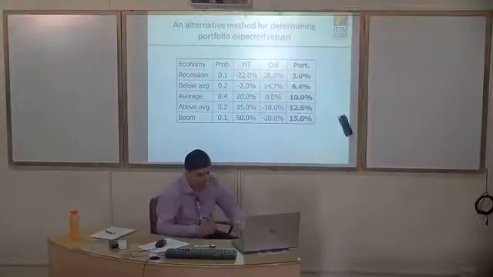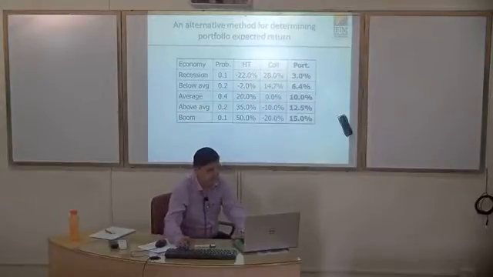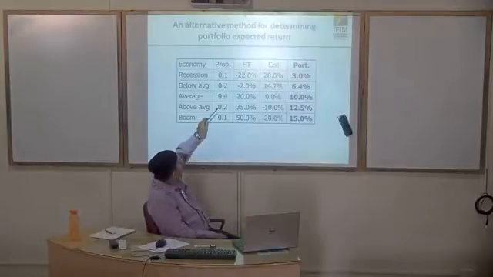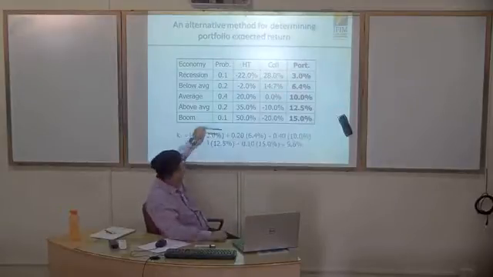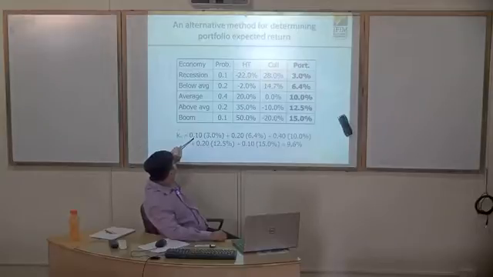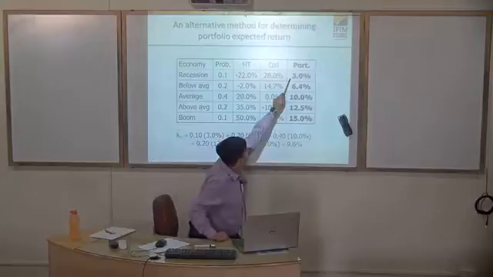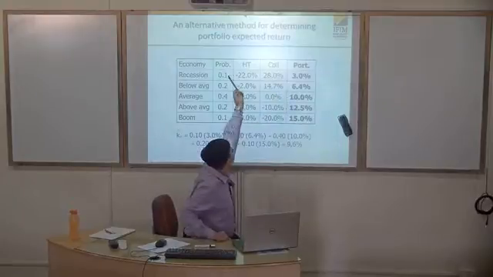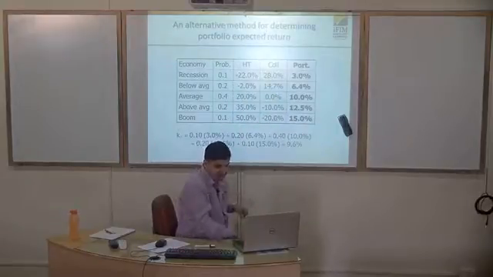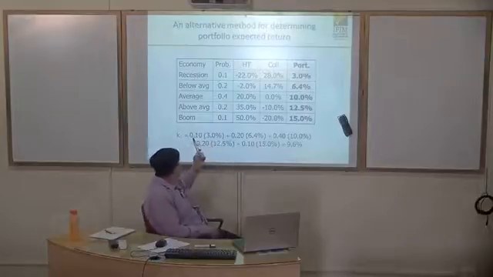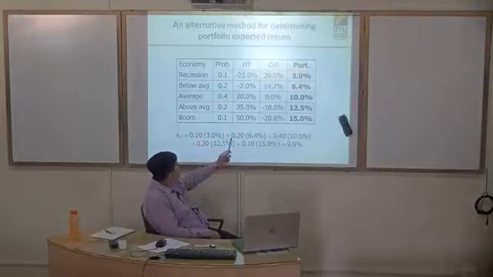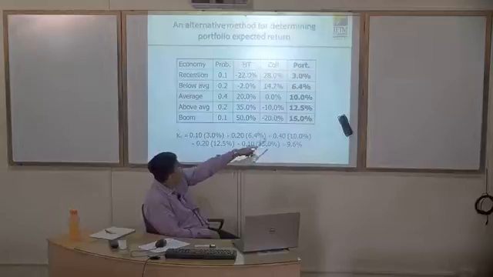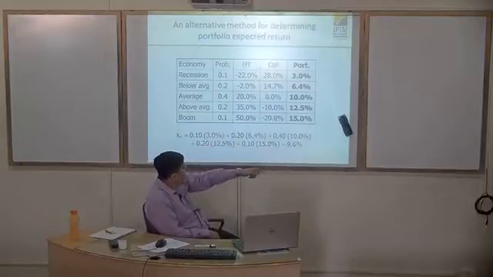Now, how do we calculate this? This is calculated by multiplying this column into the probability factor. That's what we discussed in the last slide. 0.1 into 3% plus 0.2 into 6.4%, 0.4 into 10%, 0.2 into 12.5%, 0.1 into 15%, which is 9.6.